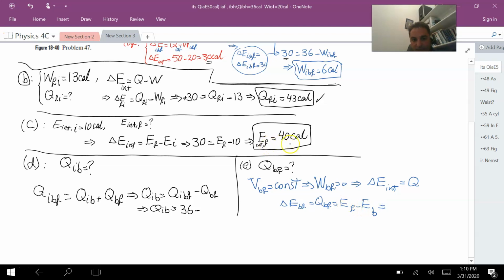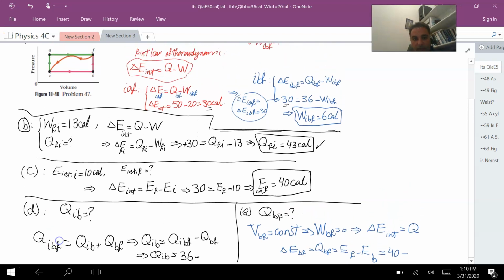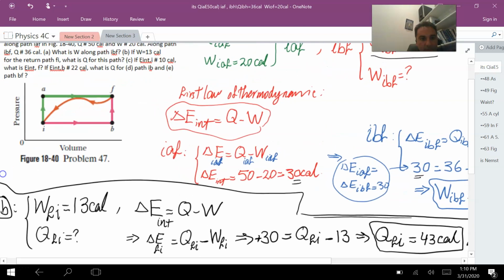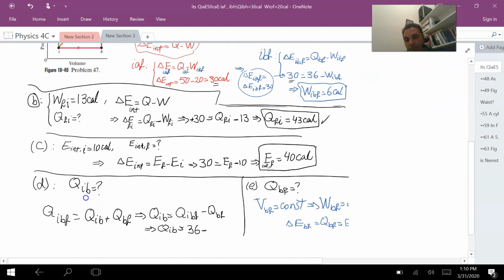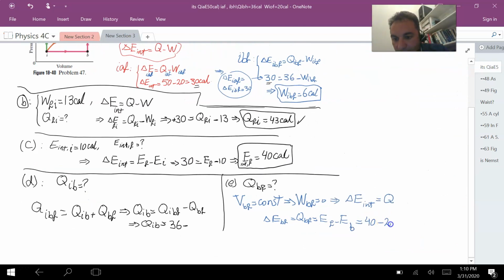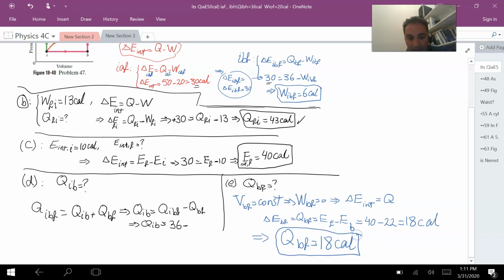We have it from section C, it's 40. What is EB? We have it from the problem, internal energy at point B is 22. Therefore, 40 minus 22, the answer will be 18 calories. Therefore, we can say Q in the path of BF is equal to 18 calories.